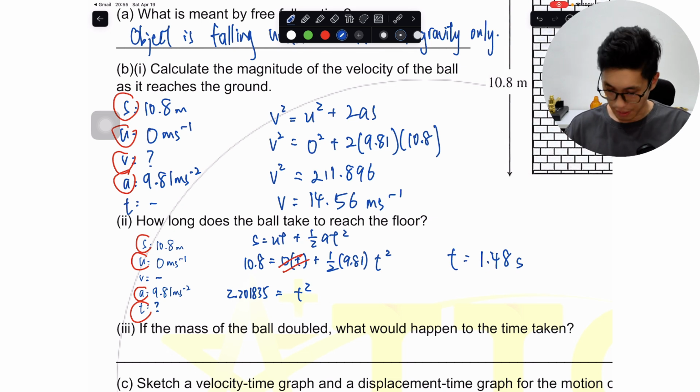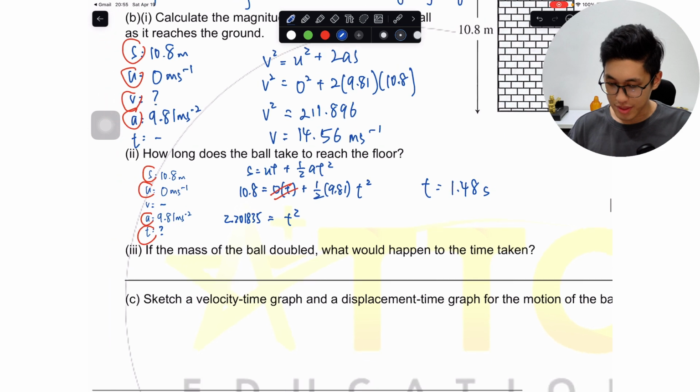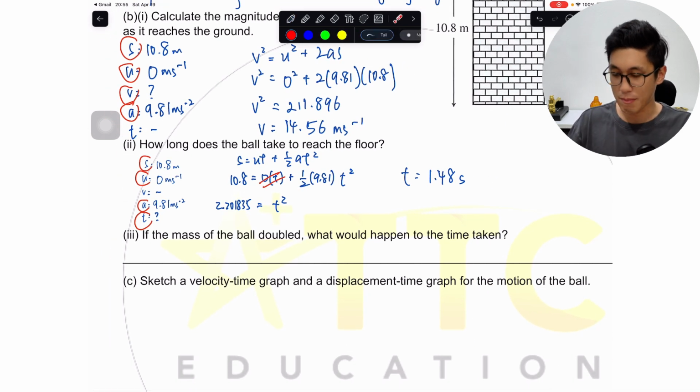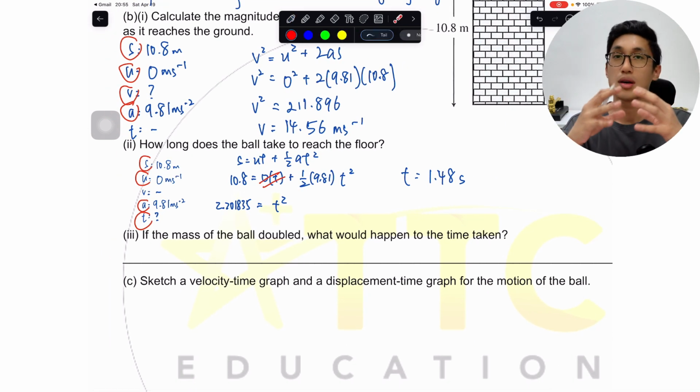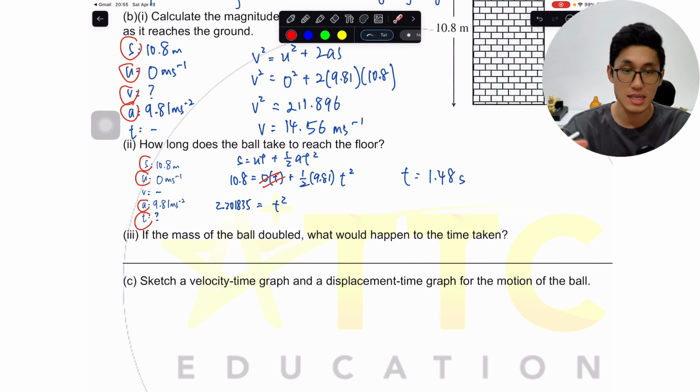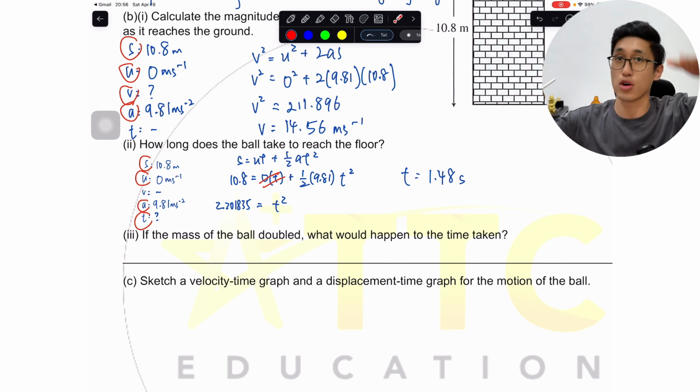All right, next. If the mass of the ball doubled, what would happen to the time taken? If you go on YouTube and search for a video of a bowling ball and feather falling in a vacuum, you will see that the mass does not affect how long it takes to fall down. When you drop a bowling ball and a feather in real life, the feather falls slowly.